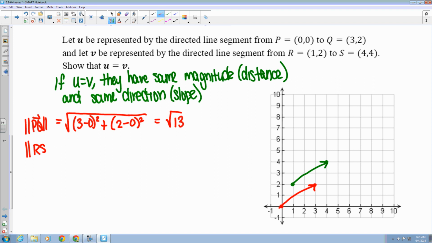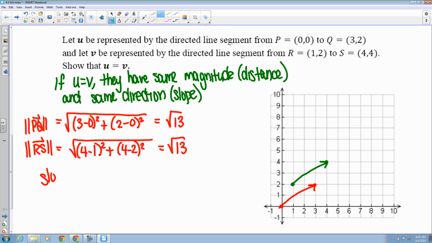For RS, same thing, second x value minus the first x value, quantity squared, plus the second y value minus the first y value, quantity squared, which is the square root of 13 as well. So our magnitude, the distance, is the same. Now we have to figure out if they have the same direction or slope.